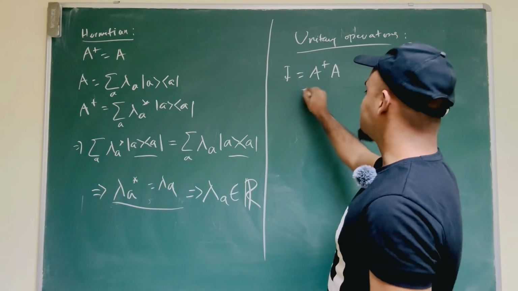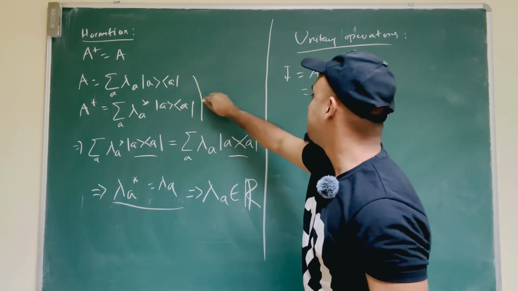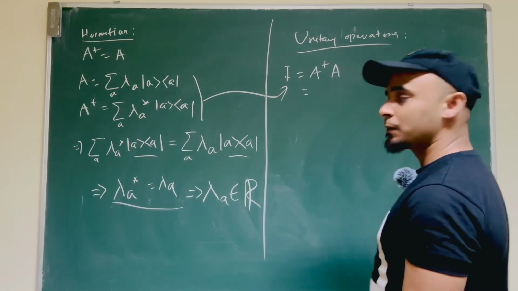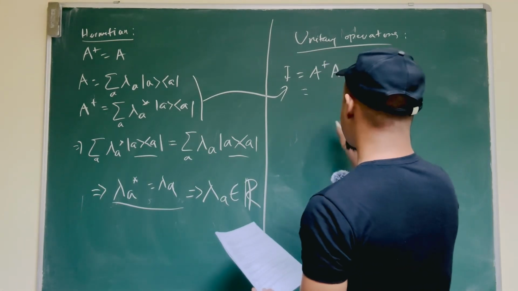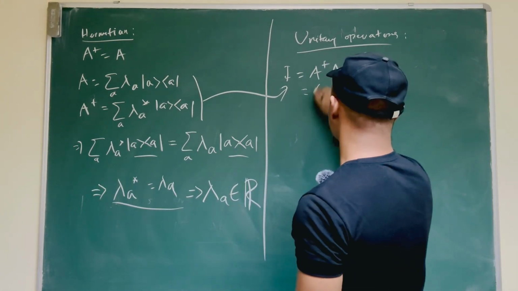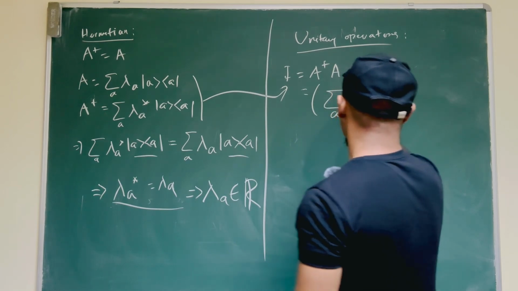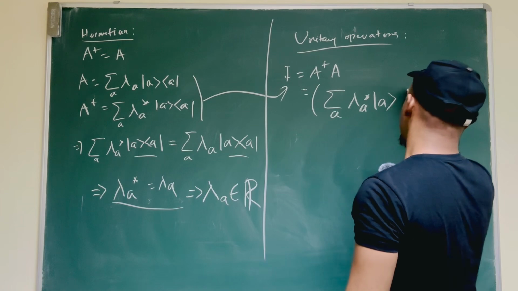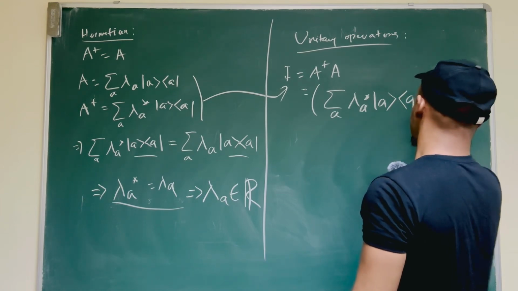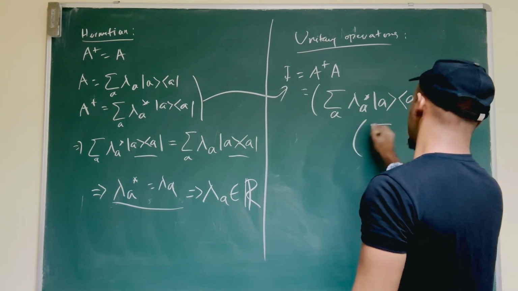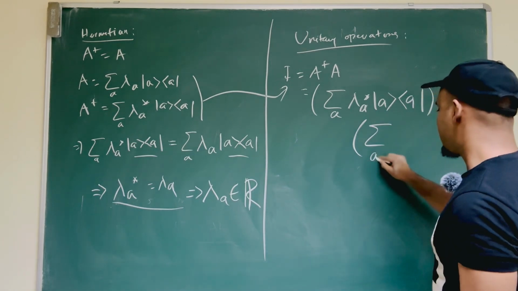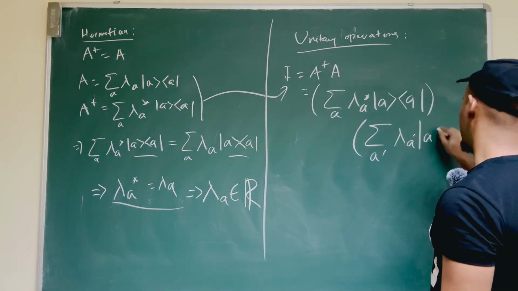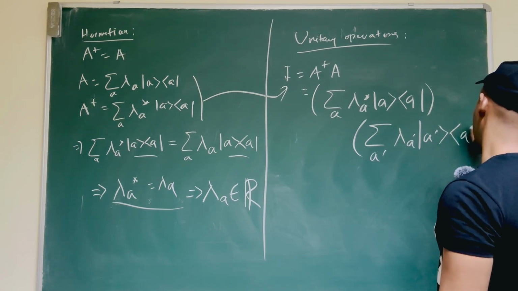So let's just put these things here in place of A dagger and A. What we get is summation over a of lambda a star |a⟩⟨a| times, let's use another index here, a prime, summation over a prime of lambda a prime |a prime⟩⟨a prime|.